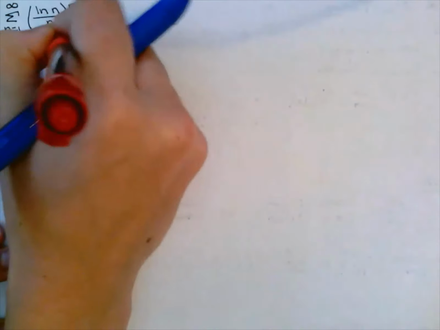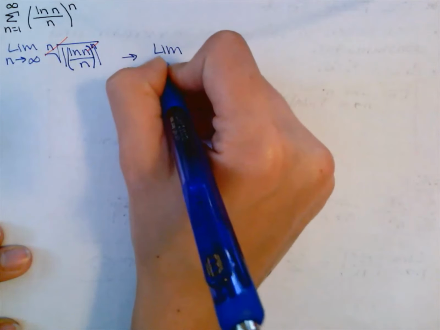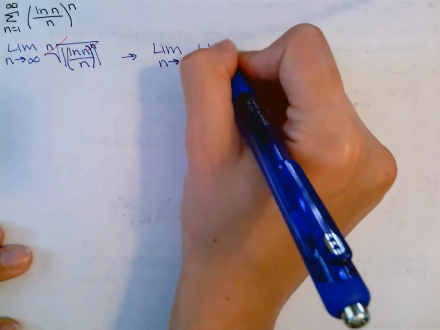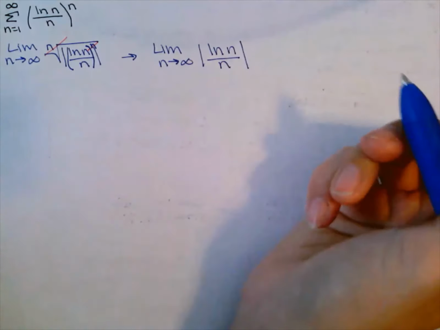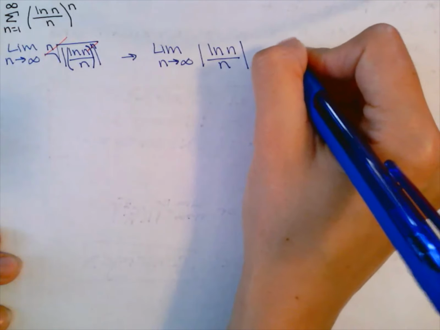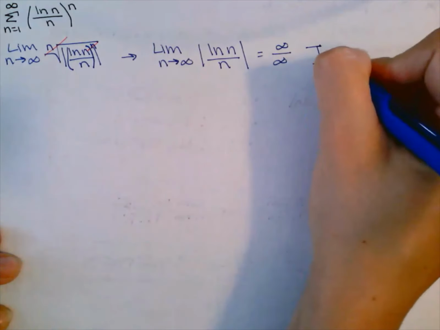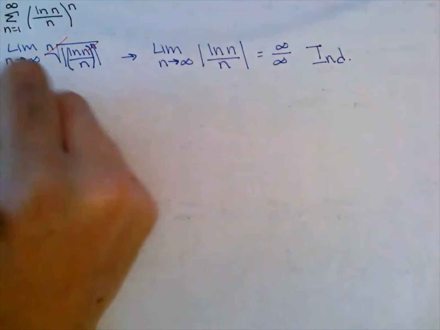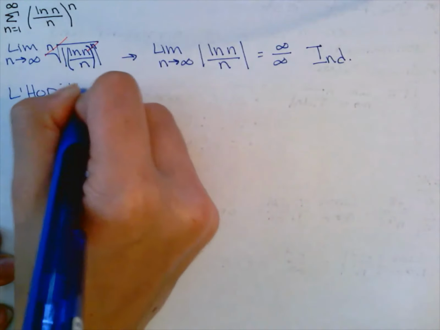So those n's are going to cancel. And now I'm working with the limit as n approaches infinity of the absolute value of ln of n over n, okay? If I plug this infinity in, ln of infinity is infinity. This is clearly an indeterminate form, so I'm going to have to use L'Hopital's.